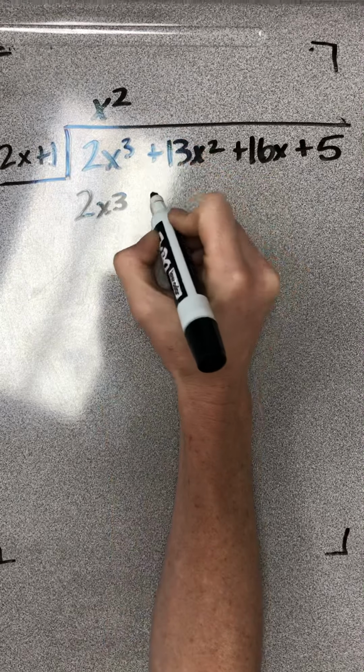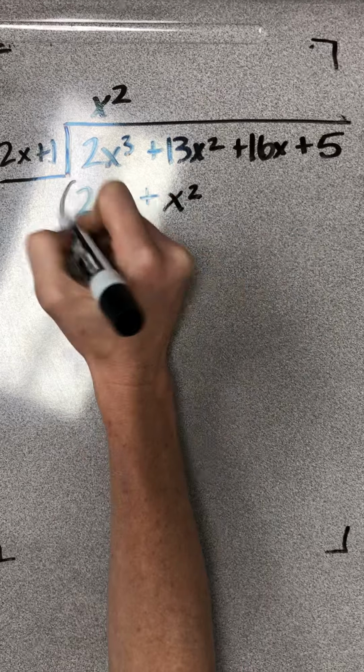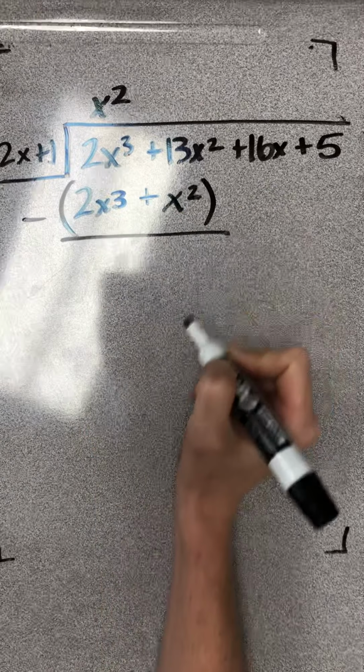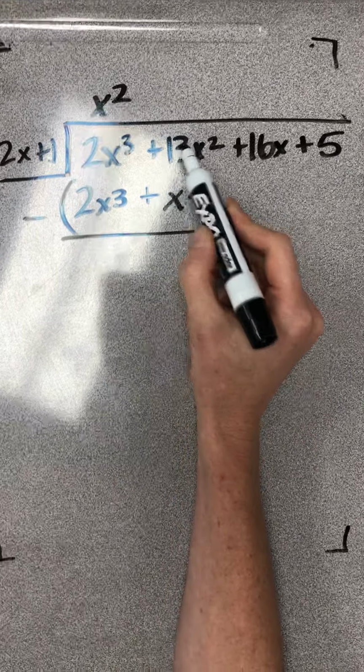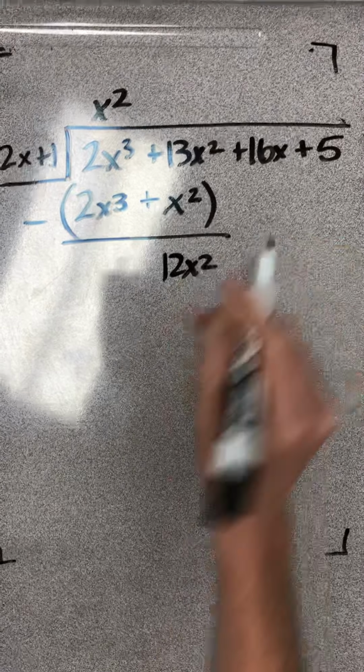X squared times 1 is x squared. Subtract it all. 13x squared minus x squared gives me 12x squared.